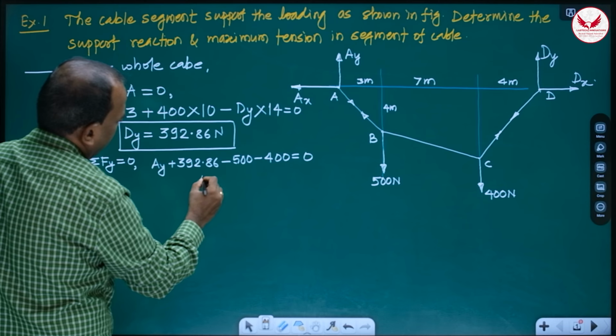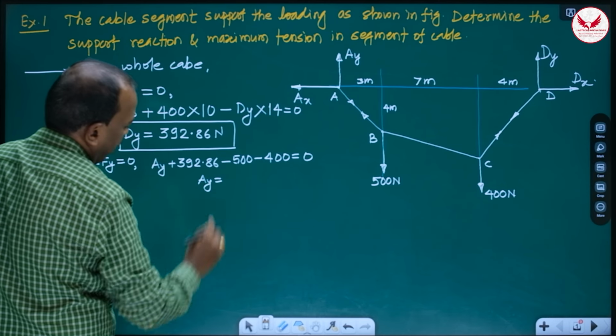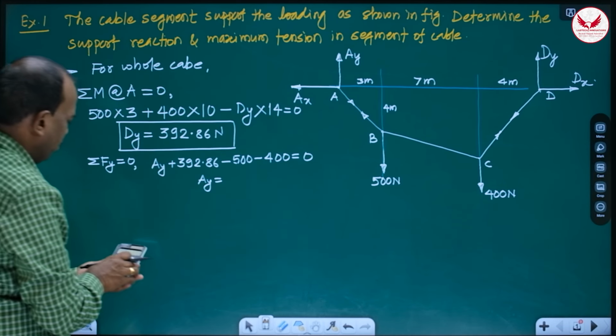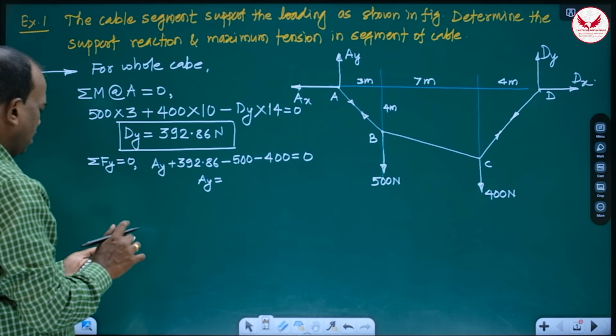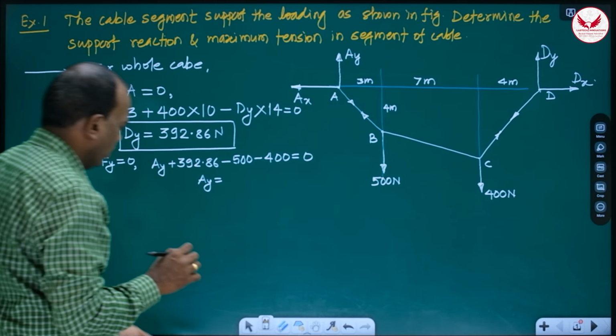So from this we get AY, which is 900 minus 392.86, that is 507.14.